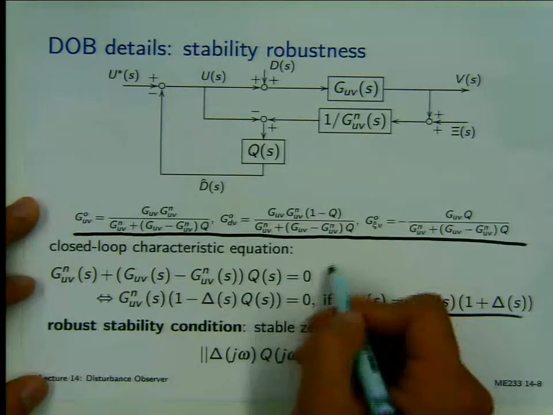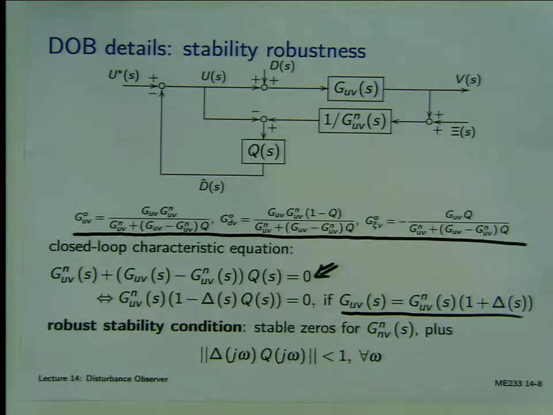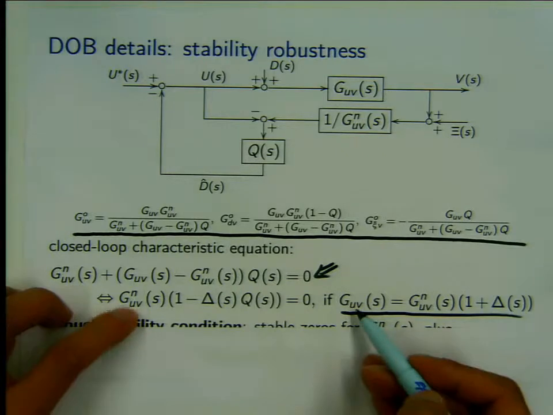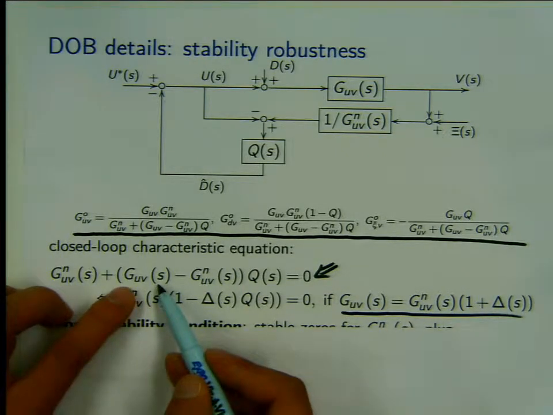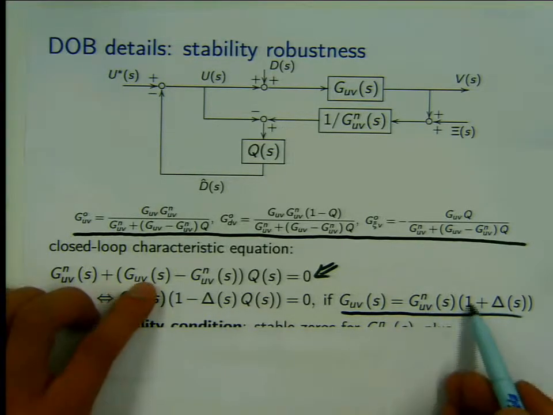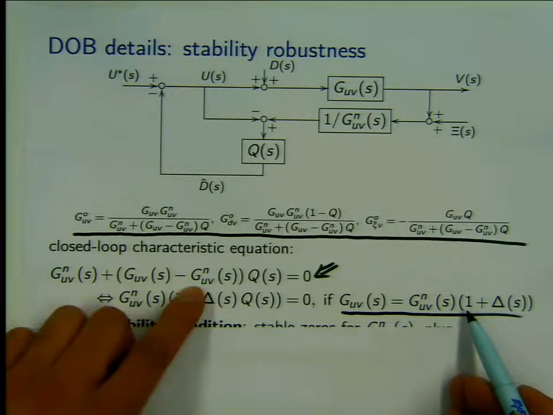This is the characteristic equation. Then substitute the equation of GUV over here. Then you're going to have GUV nominal. This GUV nominal times 1 is going to cancel this guy.